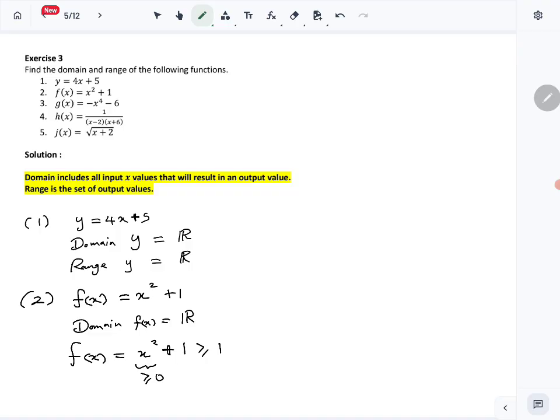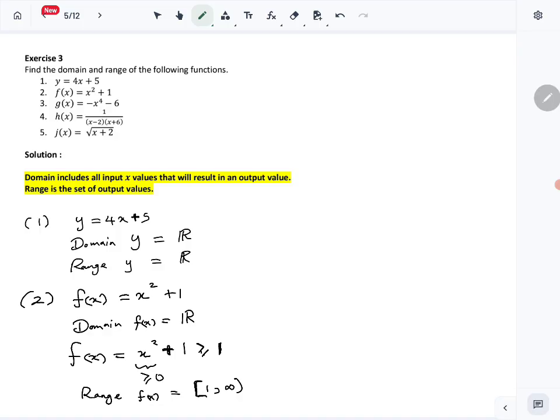So then what is the range? The smallest value the range can get is 1. So the smallest output is 1. So range is what then? Range is all numbers greater than or equal to 1.